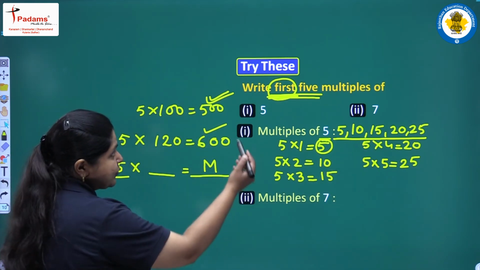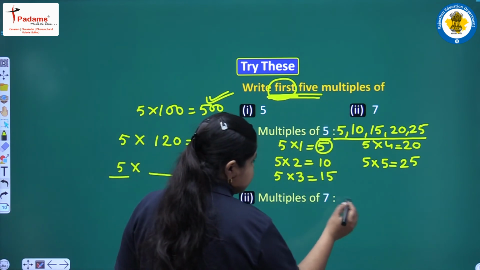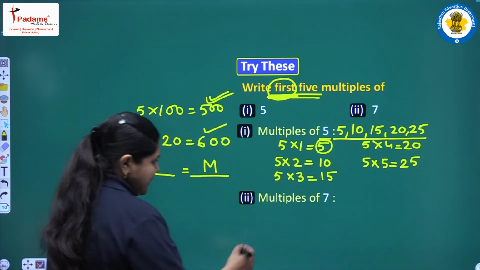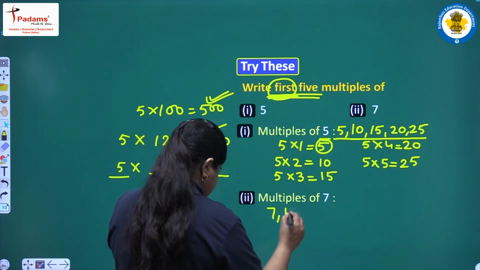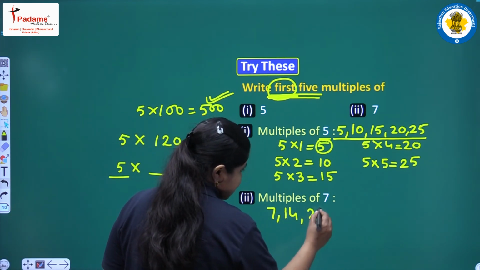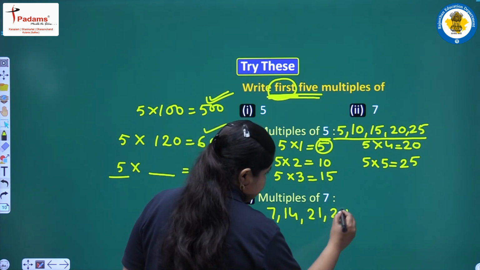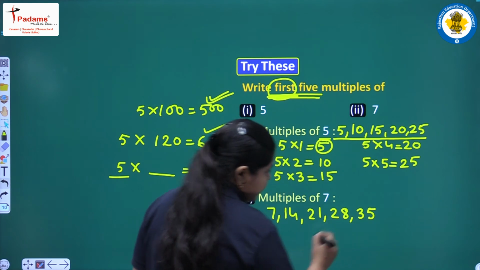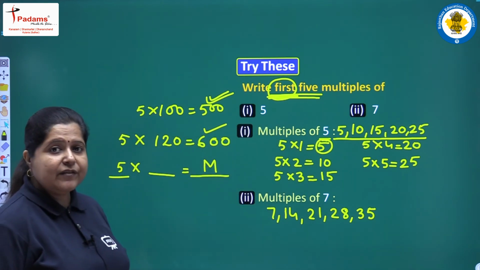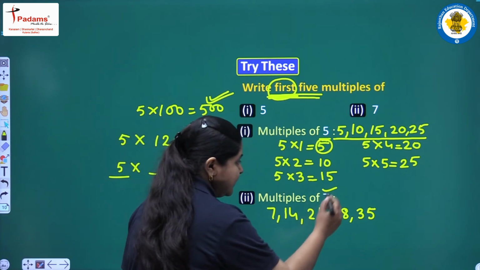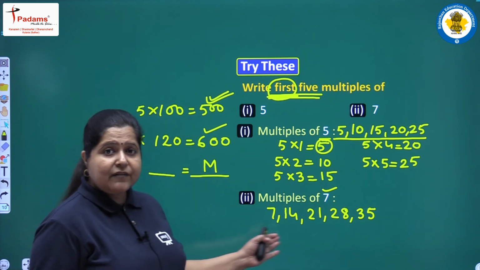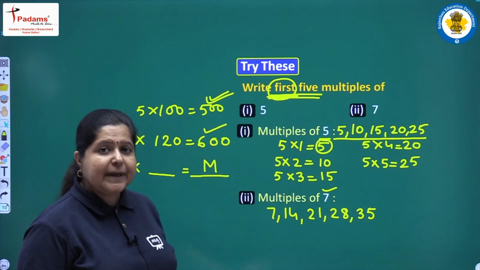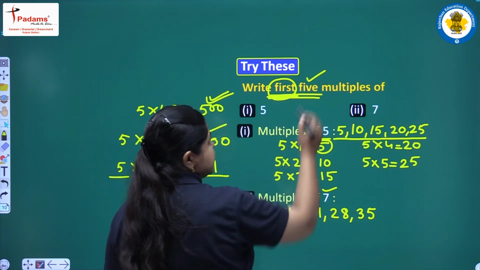Then we have to write the first 5 multiples of 7. Again we can simply write the table of 7. 7 ones are 7, 7 twos are 14, 7 threes are 21, 7 fours are 28, 7 fives are 35. These are the first 5 multiples of 7. Now, don't think that these are finite, we are able to count them, they are 5. We have been asked only 5 multiples.